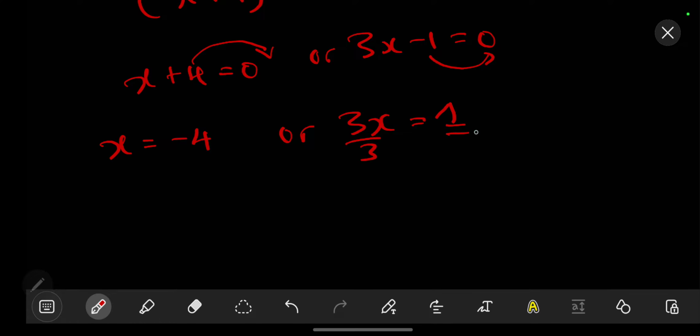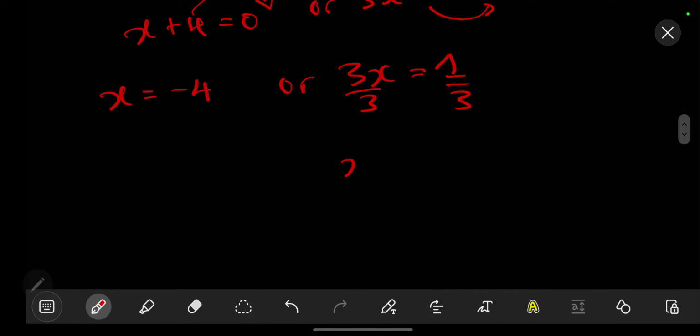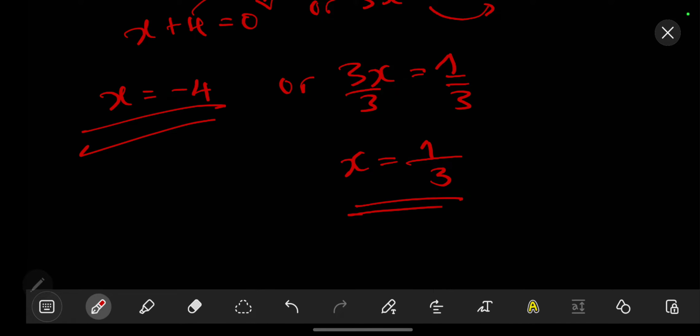Then we divide by 3, so our x value is 1 over 3. So our first x value is this, our second x value is this.